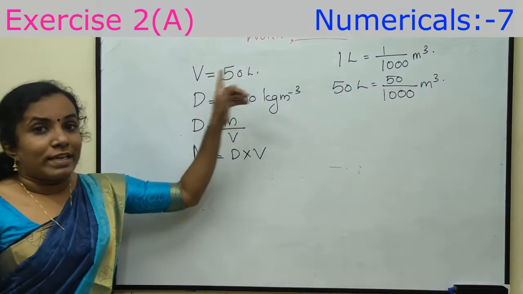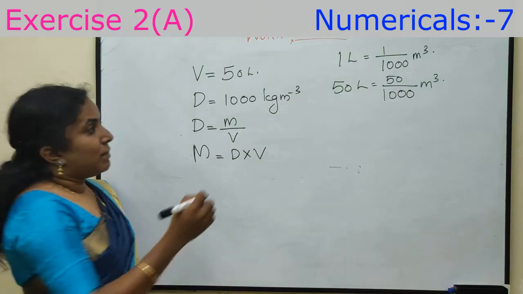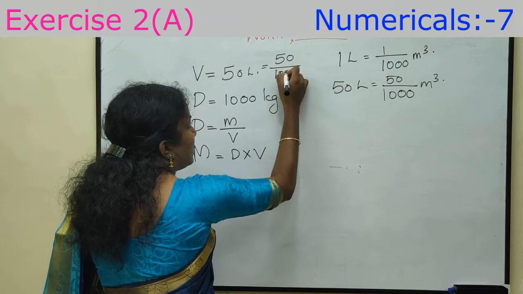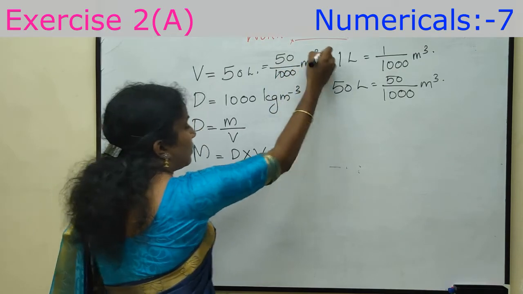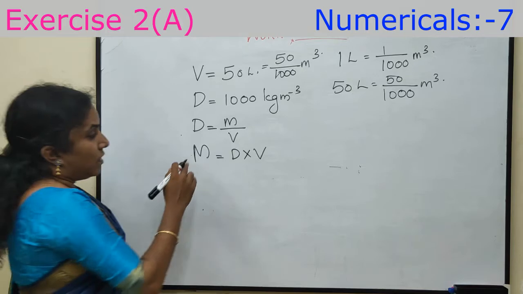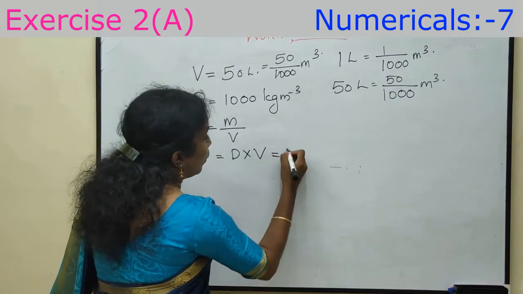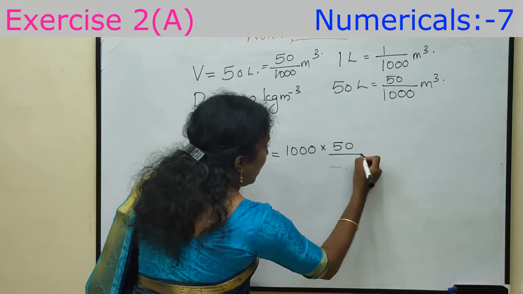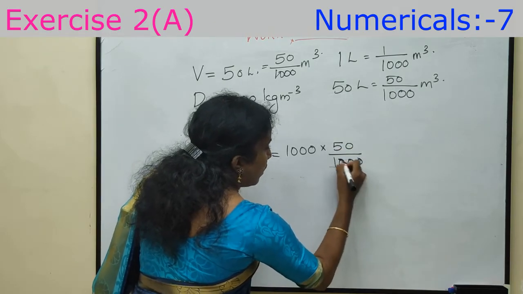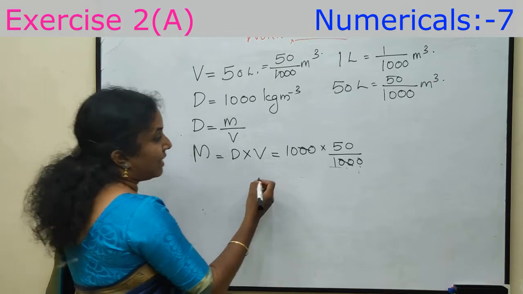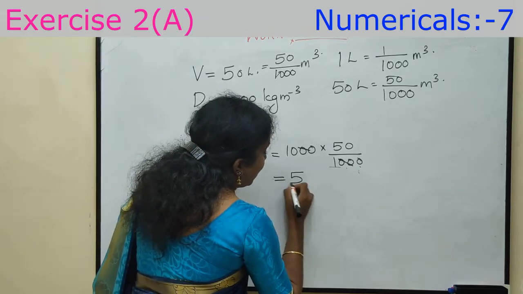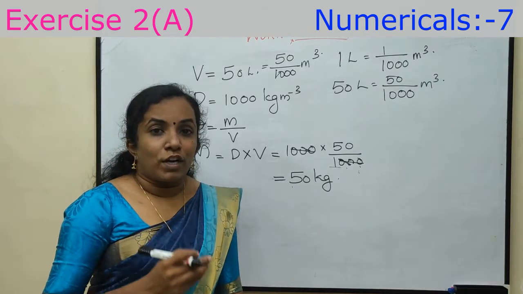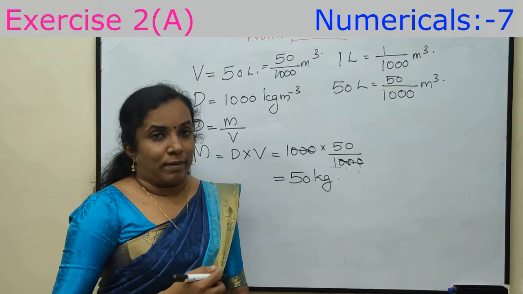Now, the mass is equal to 1000 density into 50 by 1000 volume. On cancelling, we will get the mass as 50 kilogram. So, we got mass of water as 50 kilogram.